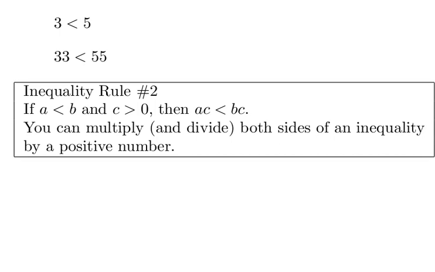What if we want to multiply by something less than 0? So let's multiply both sides of the inequality by -9. So we originally had 3 is less than 5.